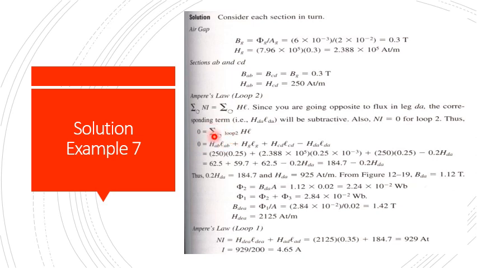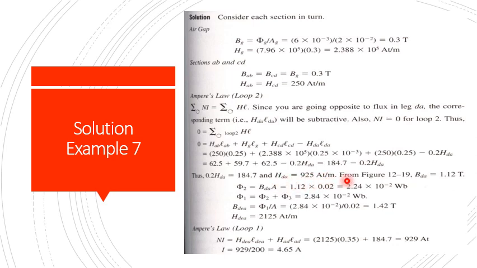The summation of HL is HAB LAB plus HG LG plus HCD LCD minus HDA LDA. When you calculate here, then finally we can get the HDA. The HDA value is 925 ampere turn per meter.